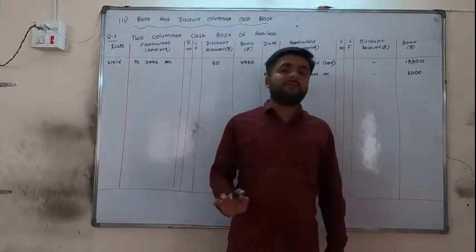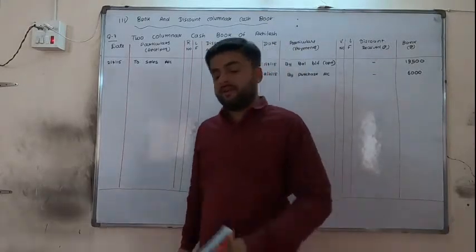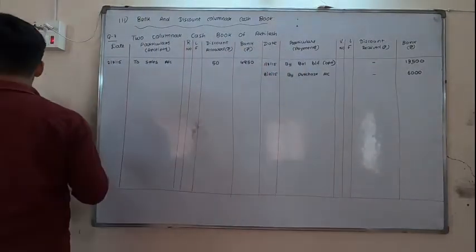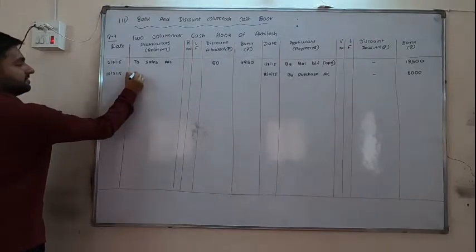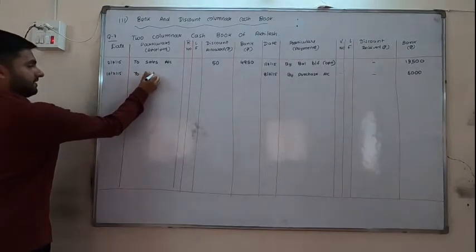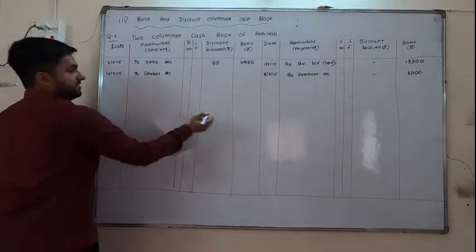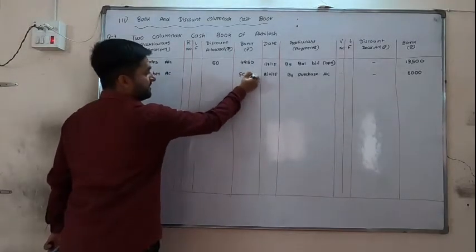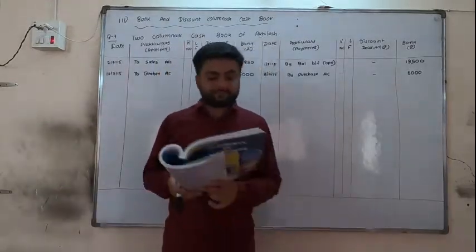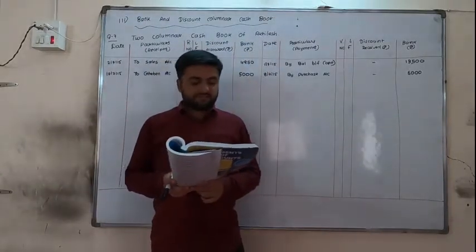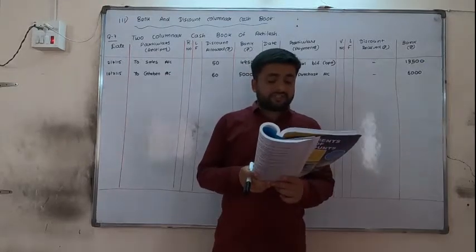She is giving only 5,000, the remaining 60 will be the discount allowed. Okay, on 10/7/15 to Geeta Ben account. She has given us the check of rupees 5,000, so the remaining 60 rupees will be the discount account.